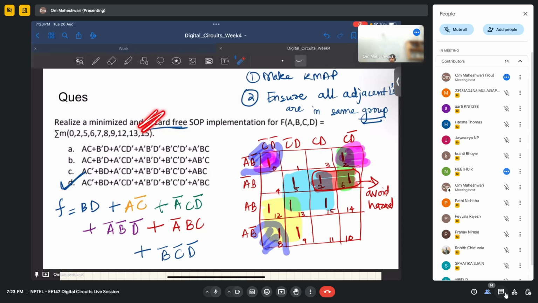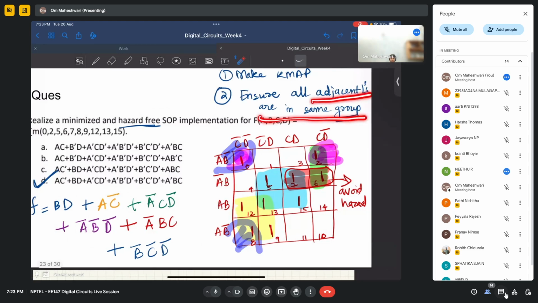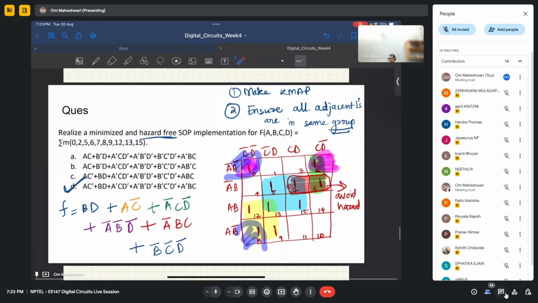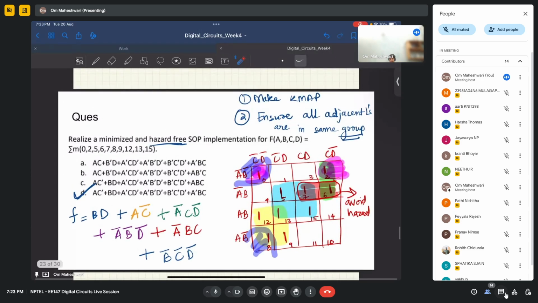If it was just the minimized expression and not hazard free, then this would have been sufficient. But it asks for hazard free also, so we need to make sure that all adjacent ones are in the same group. Understood, sir. These are definitely redundant, but just to ensure the hazard condition, we included them.